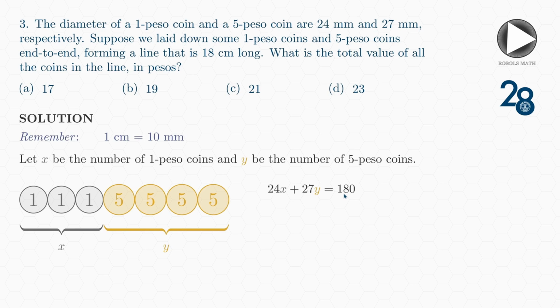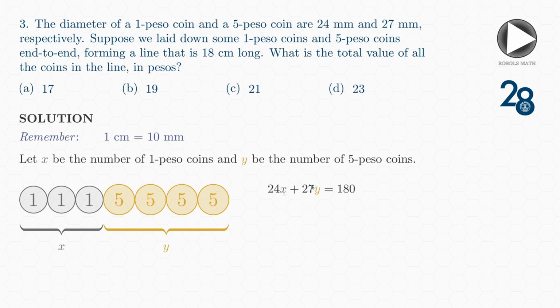So what's left here is to find values of x and y that satisfy this equation right here. We only have one equation and two unknowns, so it is practically impossible to pinpoint exactly one solution.